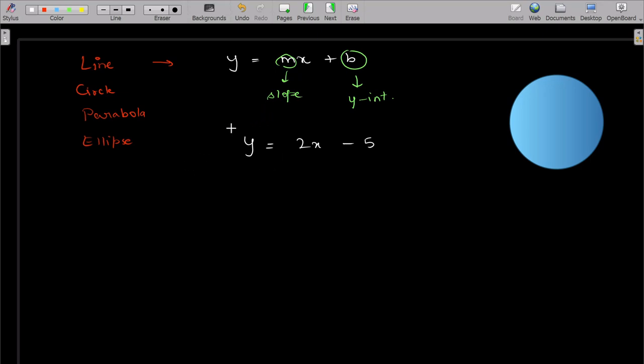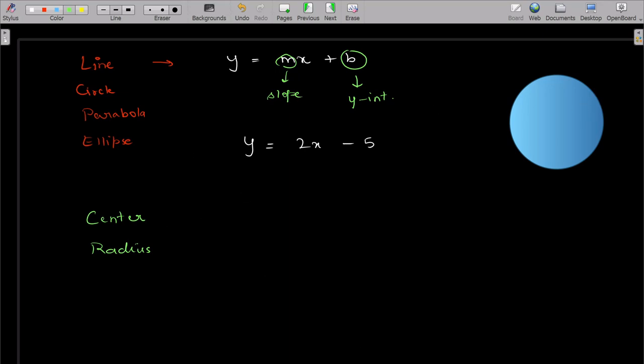Similarly, in order to define a circle, you need two constants. If you want to write the equation of a circle, you will need to find out two values. First, you will need to know the center of the circle. Second, you'll need to know the radius of the circle. By center I mean the coordinates of the center of the circle.